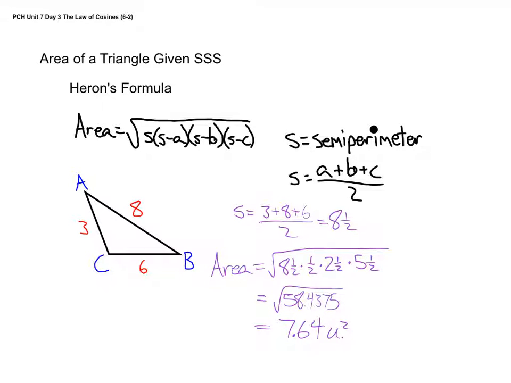It's just part of the derivation of this formula, which I'm not going to go into, but it actually has to do with the fact that you can inscribe any triangle in a circle. If we have a circle, any triangle can be inscribed in a circle. That's partly why this works.